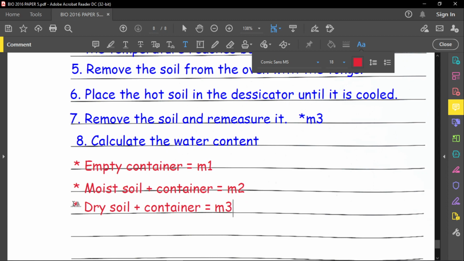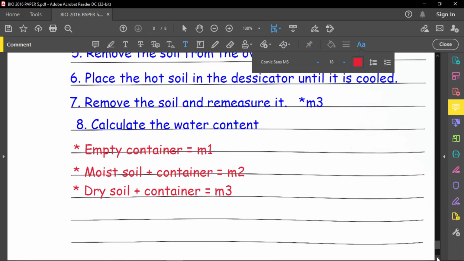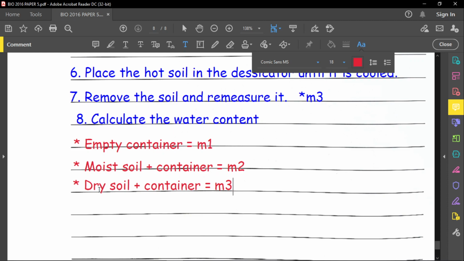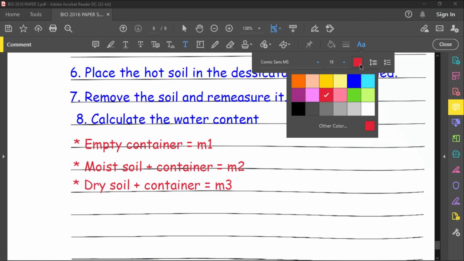So how to find the mass of the water is pretty easy, because if you have the dry soil and the moist soil with container, all you need to do is subtract M3 from M2. Let's put this back in blue.